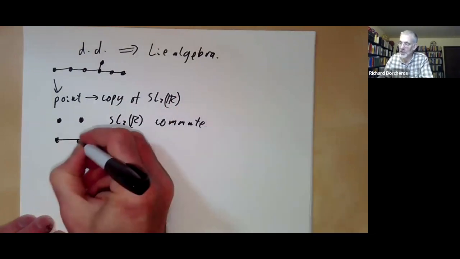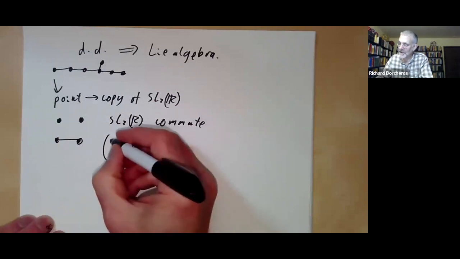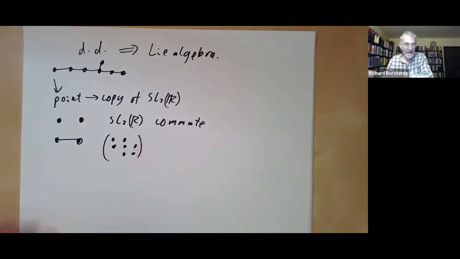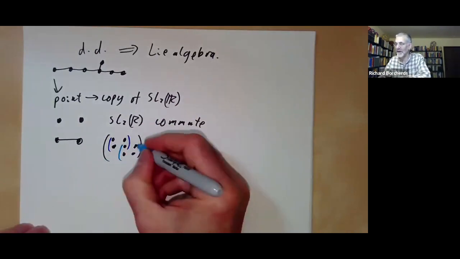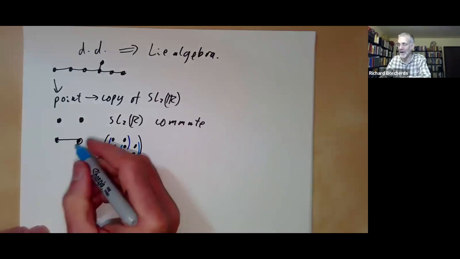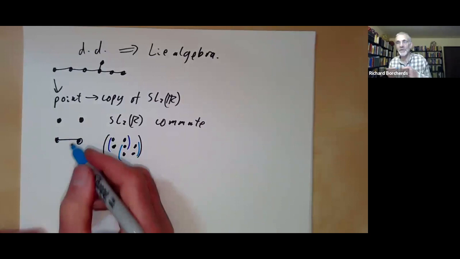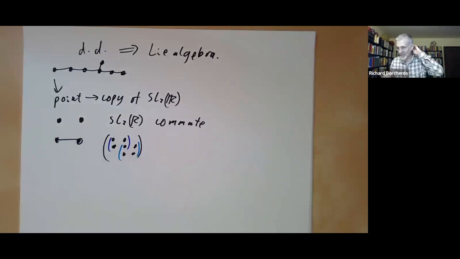And if they're joined by one line, then the two copies of SL2R are embedded like the two copies of SL2R inside SL3R. So here we've got two copies of SL2R and they overlap, and a single line joining them, they're joined in this way.